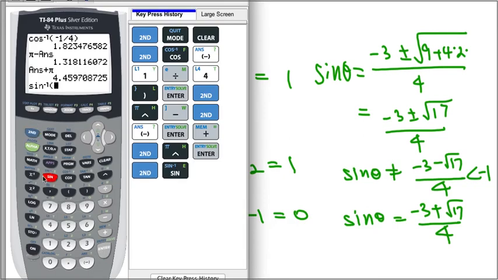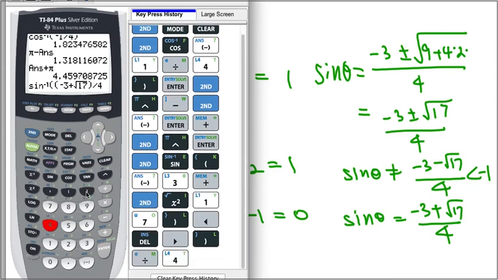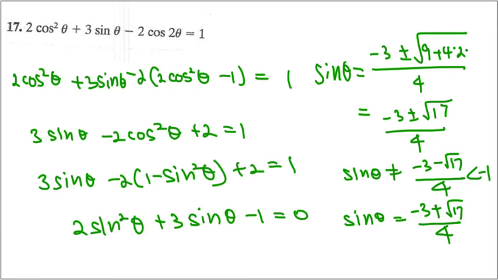So second sine of negative 3 plus square root of 17, close the parentheses, divide by 4. Then we get this value, 0.28. So one answer is theta equal to 0.28.